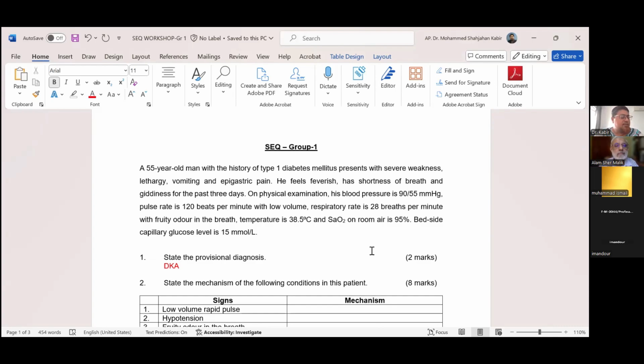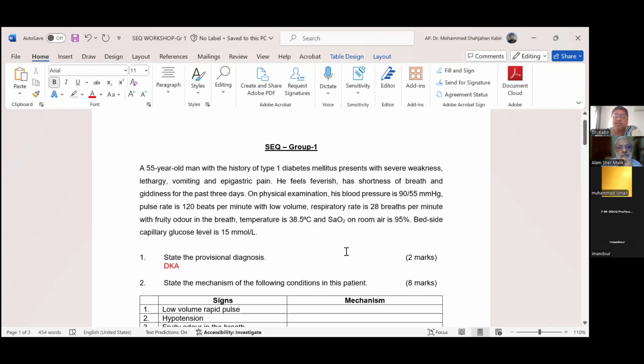A 25-year-old man with a history of type 1 diabetes presents with severe weakness, lethargy, vomiting, and epigastric pain. He feels feverish, has shortness of breath, and giddiness for the past 3 days.